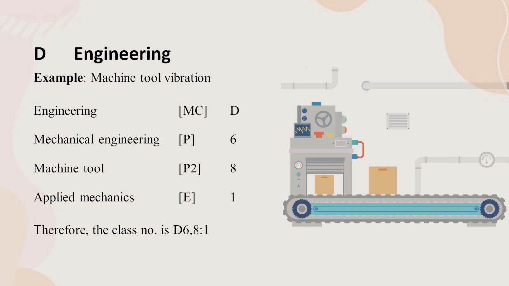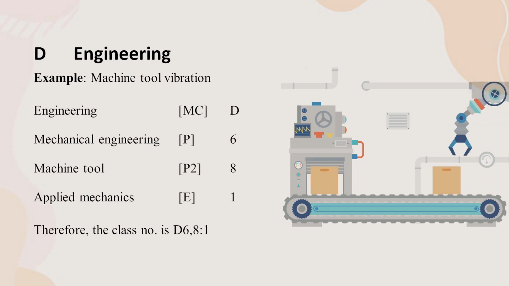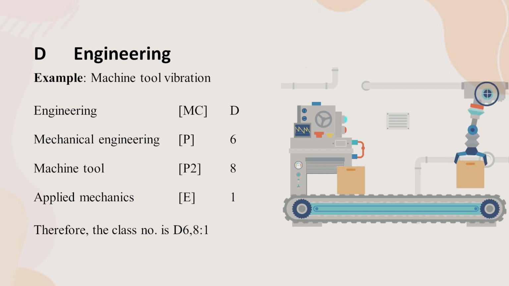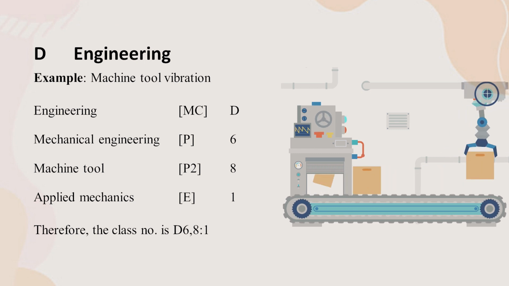Say for example, the title is machine tool vibration. So, it will go under the main class or basic class engineering, capital D. Then mechanical engineering, we get it from the personality facet and notation is 6, and then machine tool from the second level of personality facet denoted by the digit 8, and applied mechanics under the energy facet denoted by 1.